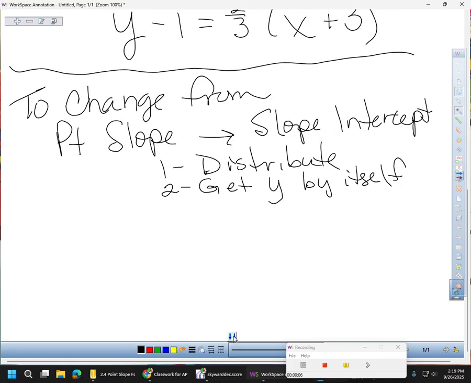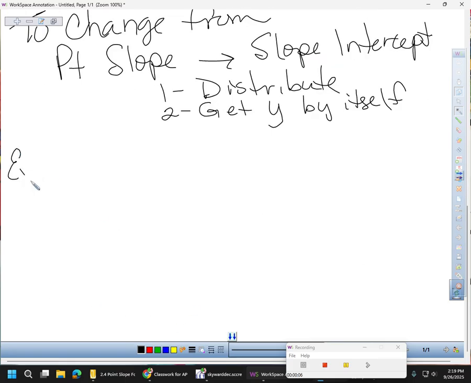So here is example number 2. And this is 3 and 4.